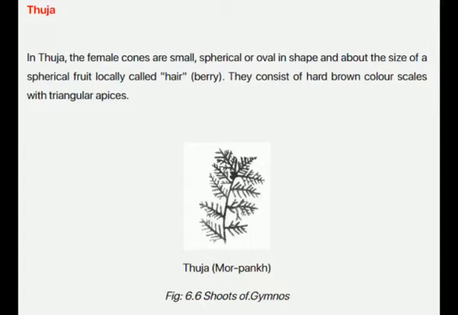In this plant, the female cones are there which are spherical or oval in shape and about the size of a spherical fruit, which is locally called bear or berry. And these cones consist of hard brown color scales with triangular apex.